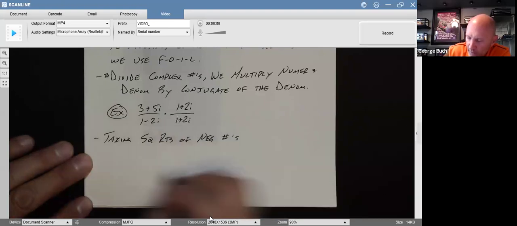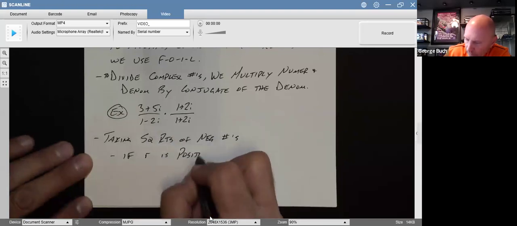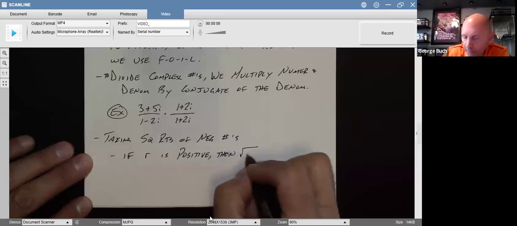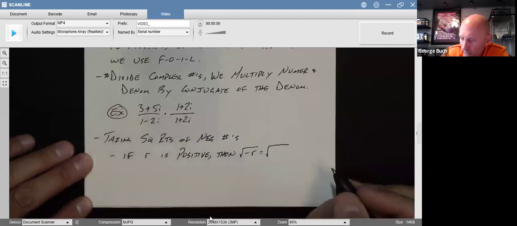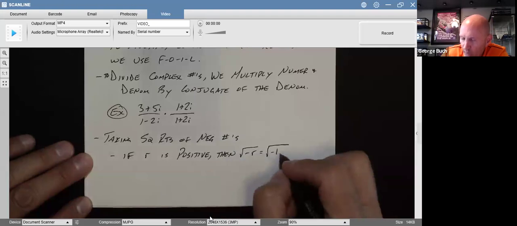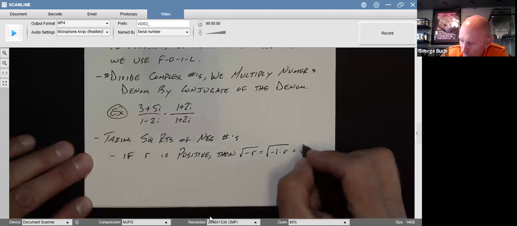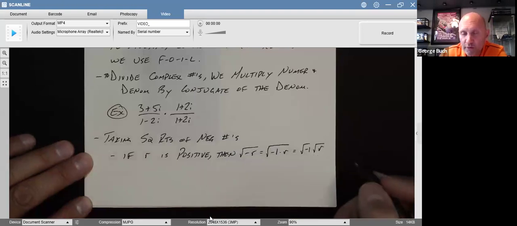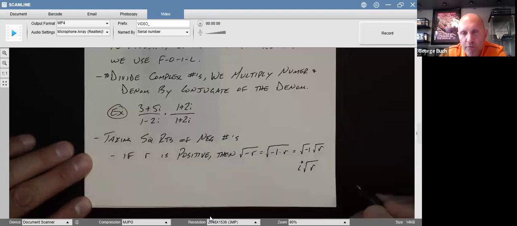We have that if r is positive, then the square root of negative r, using our radical rules, negative r is the same as negative 1 times r, which we can break up into the square root of negative 1 times the square root of r, if you remember from our radical rules, lesson number 2. And then the square root of negative 1 is i. So we get i times the square root of r.